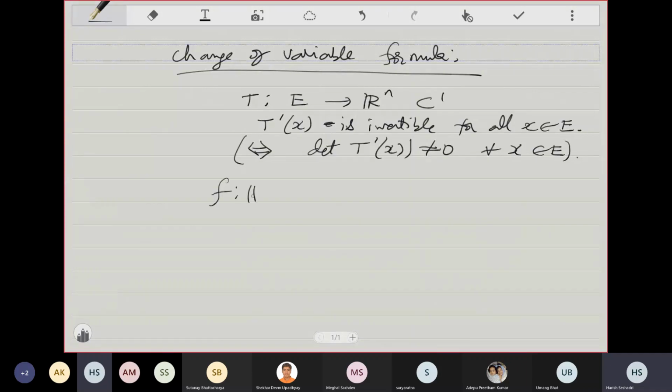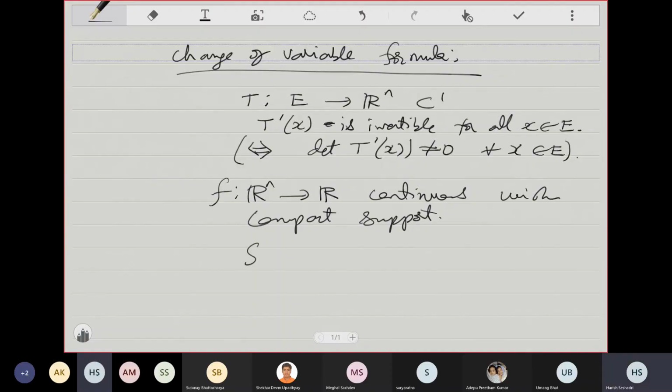F from Rn to R continuous with compact support. Support of F is contained in image of T, which is open, by the way, since I've assumed that, by the inverse function theorem, T of E is actually an open set.